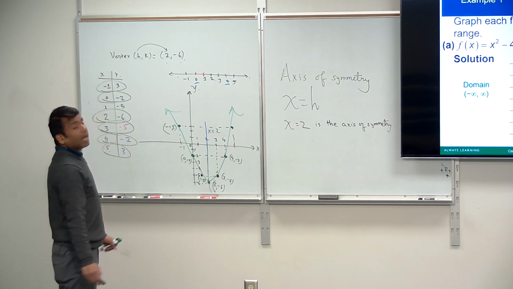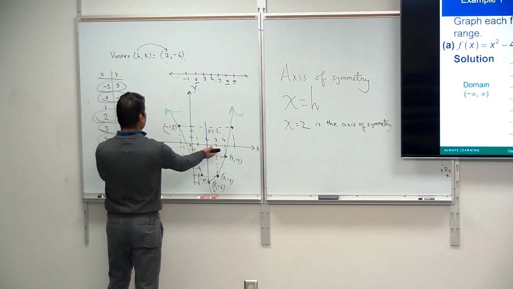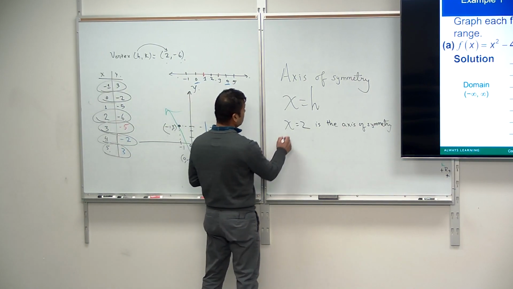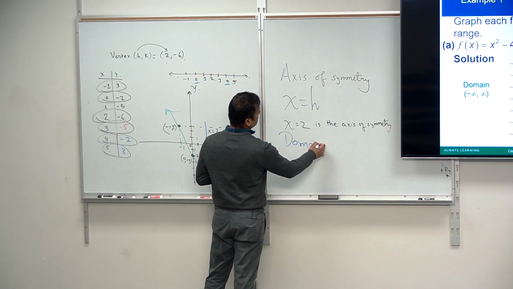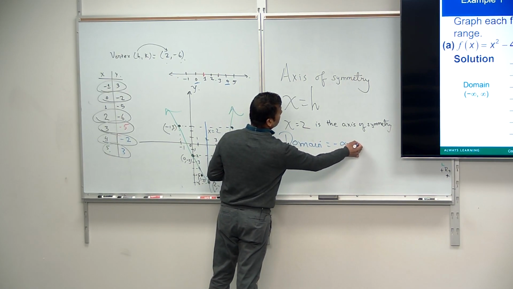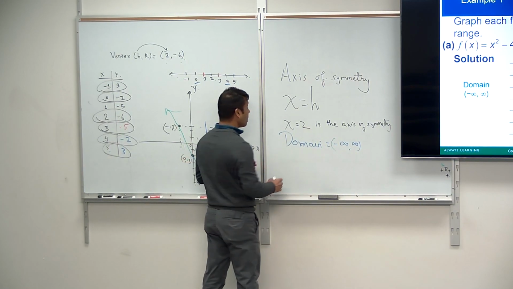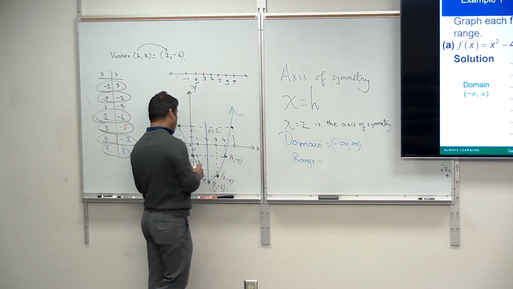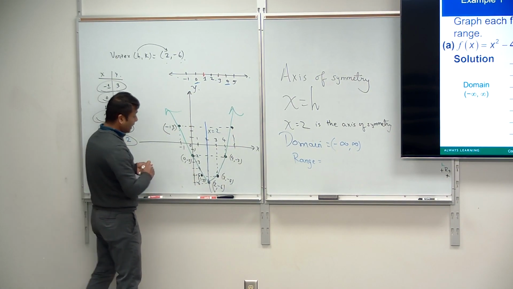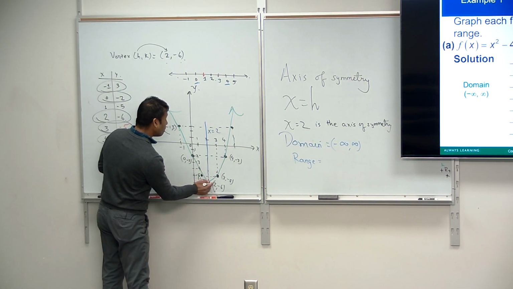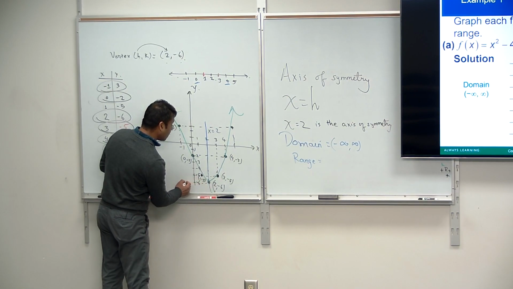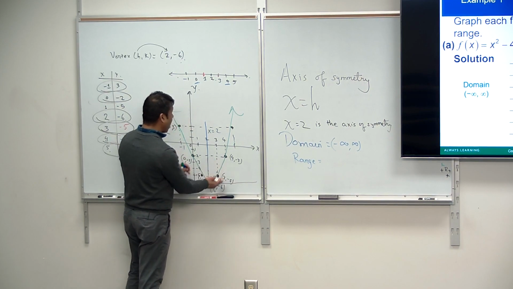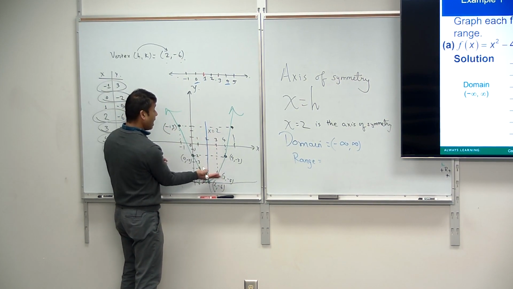So we got it, guys. And the domain, what will be the domain? Exactly. The domain is negative infinity comma positive infinity. And what will be the range? No, you got to be careful. Your graph is only above this line.